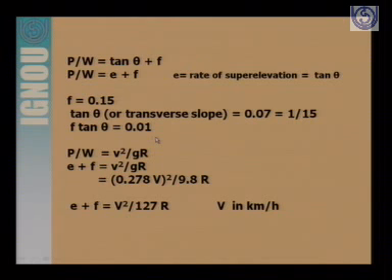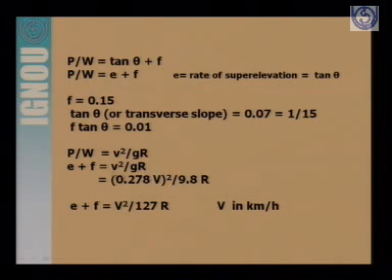and in this case, if we consider the overturning case, then what happens? P by W impact factor was calculated as V square upon GR. Here P by W equal to E plus F. This is equal to V square upon GR.